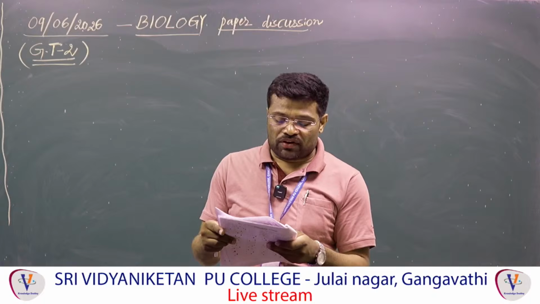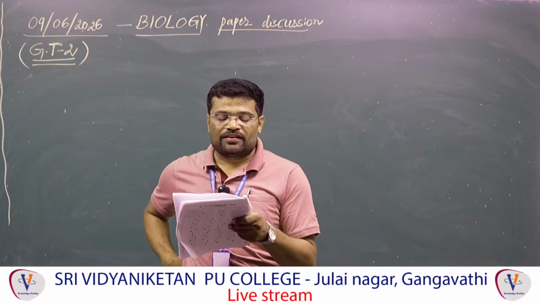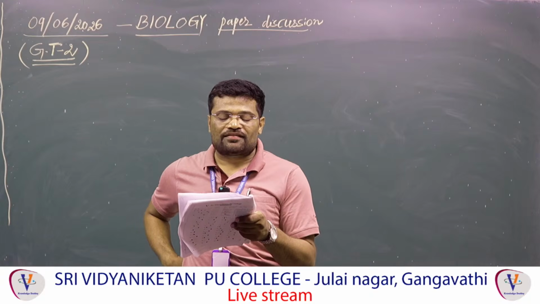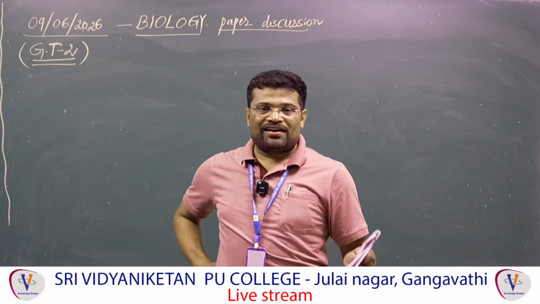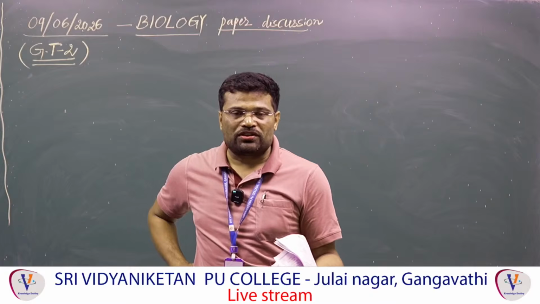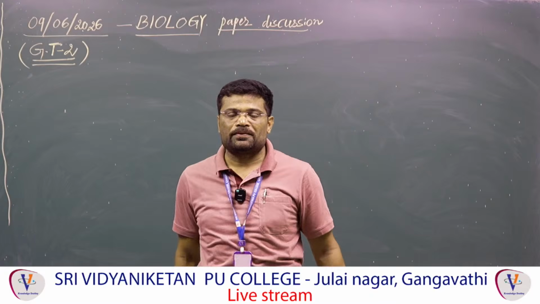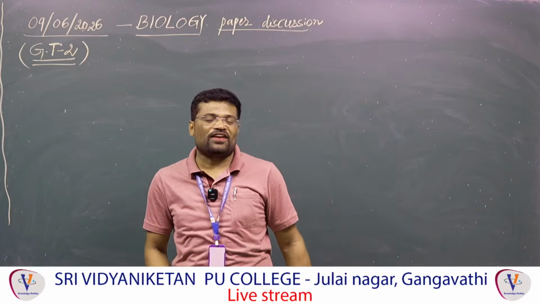Next. 115. Which of the following pancreatic hormones is secreted by alpha cells of islets of Langerhans? Pancreas is commonly called a mixed gland because it includes both an endocrine portion and an exocrine portion. The endocrine portion is composed of islets of Langerhans.